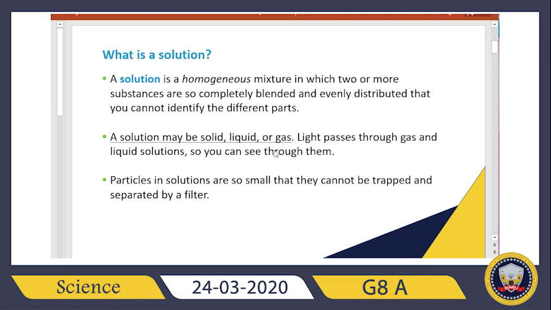Very important in gas and liquid solutions: light will pass through, so they are basically transparent. If a mixture is transparent, and you can't see the particles inside it, if it's a liquid or gas, you can say that it is a solution.